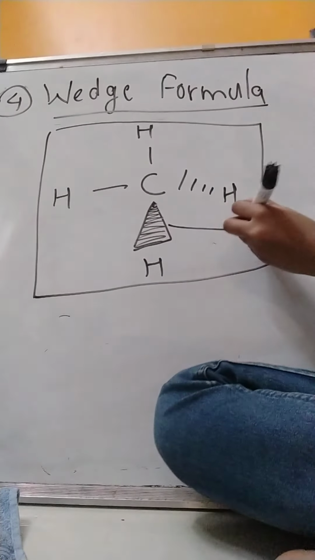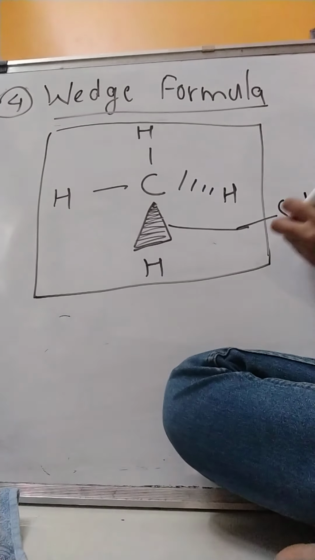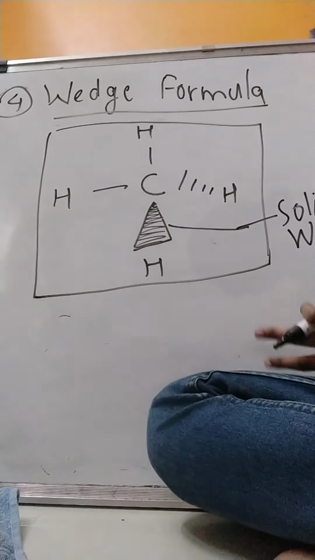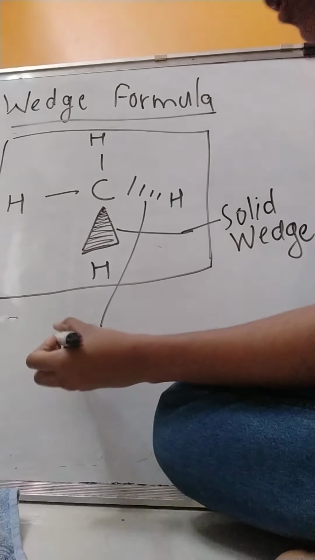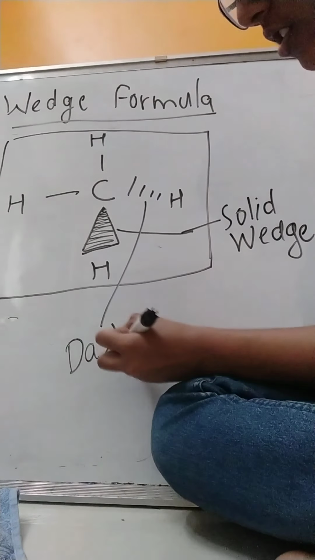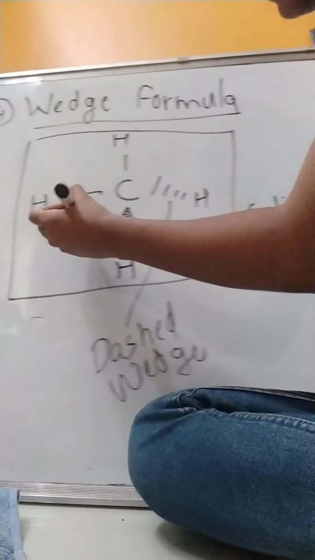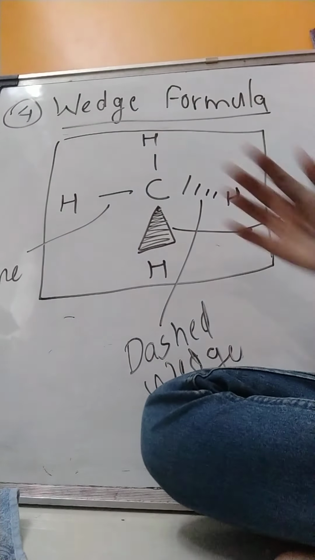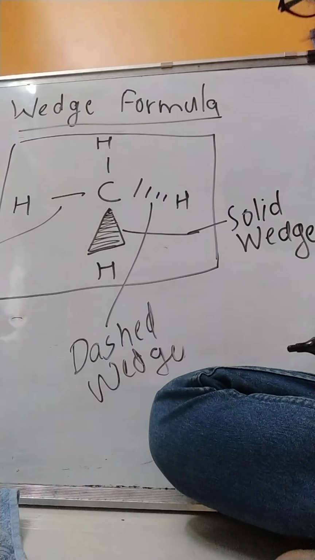This is called a solid wedge. And this here is called the dashed wedge. And this is just a dash or line, you can say. All these different symbols have different meanings.